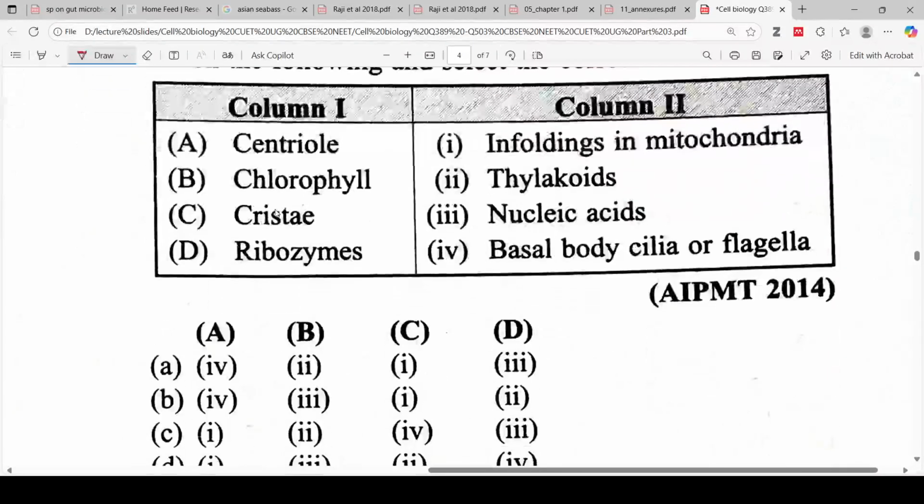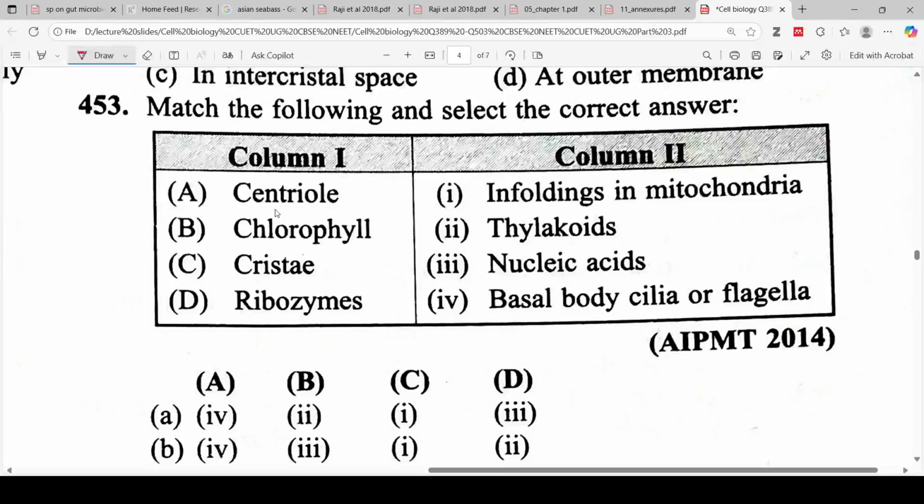Next question. You have to match the following and select the correct answer. So the centriole is correctly matched with option 4, chlorophyll, thylakoid, cristae enfolding of mitochondria, ribozyme is nucleus.